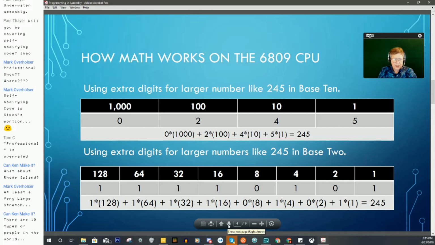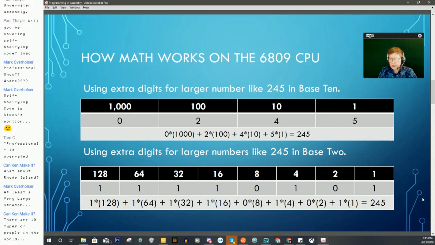Now on this slide, I'm showing how each of the digits holds a much larger value. That first box at the top shows how you can have 1,000s, 100s, tens, and ones. You remember this from math in school. That's what each of the digits represent.